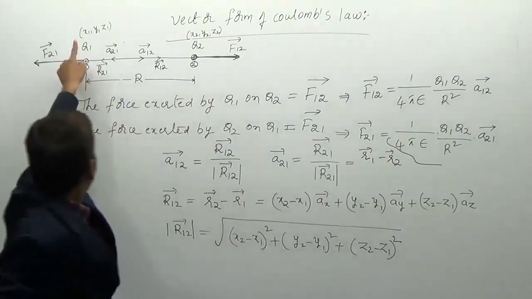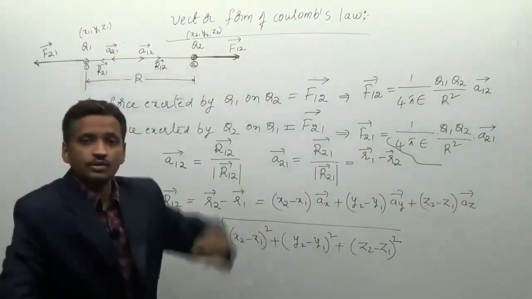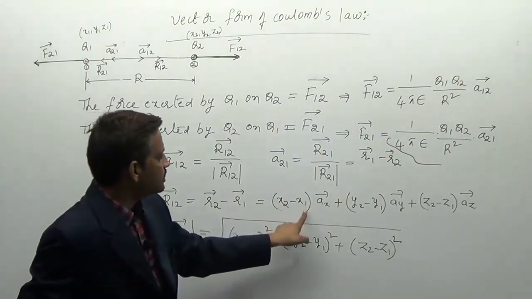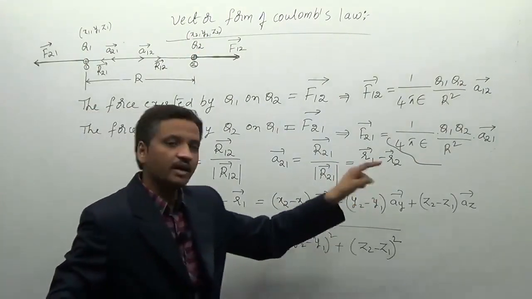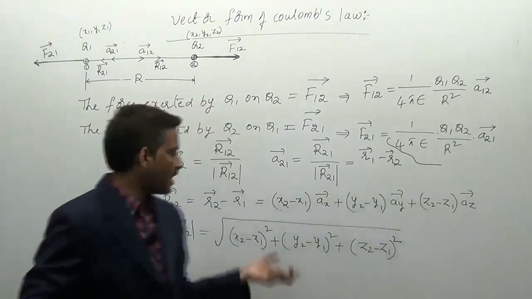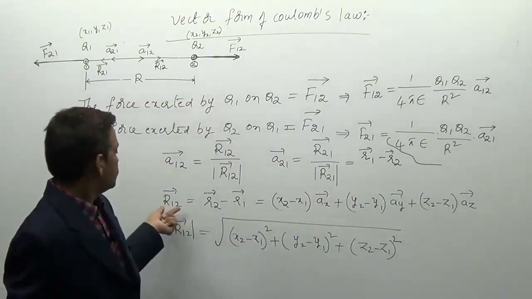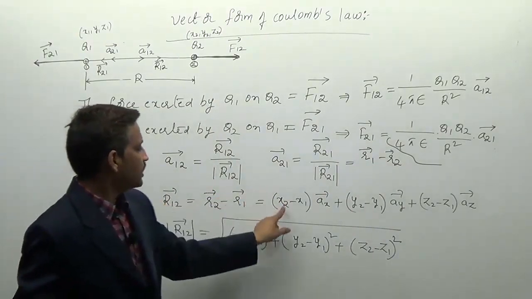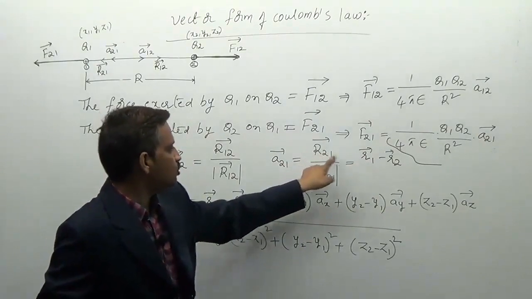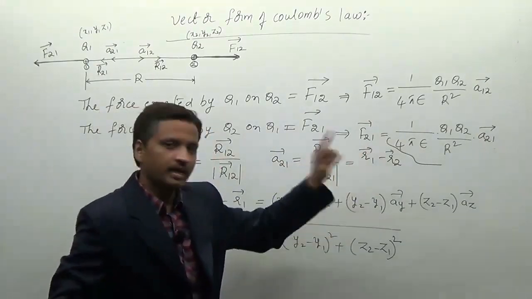R1 is x1, y1, z1 and R2 is x2, y2, z2. So this is going to become x1 minus x2 ax bar plus y1 minus y2 ay bar plus z1 minus z2 az bar, and the magnitude will be the same.